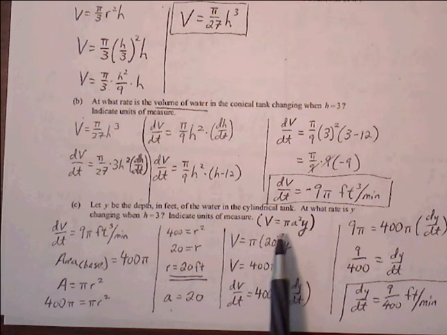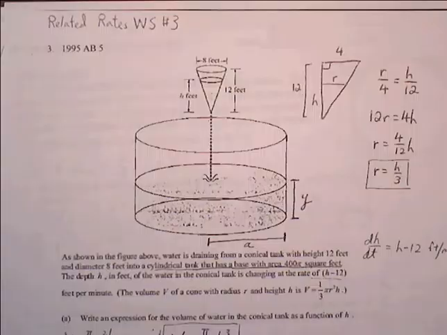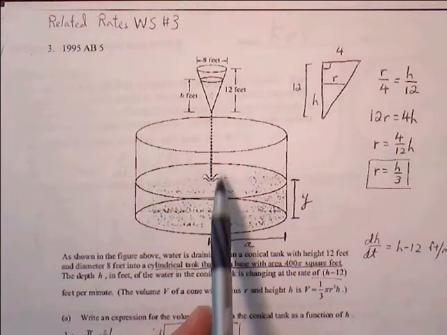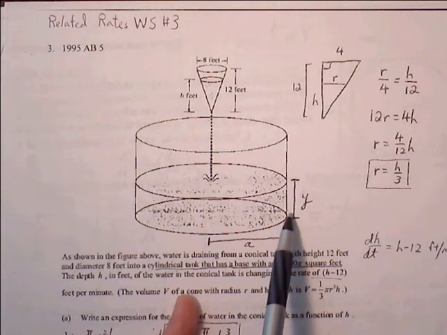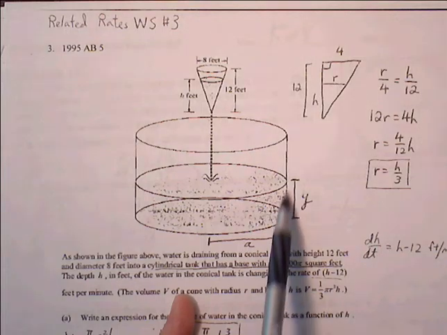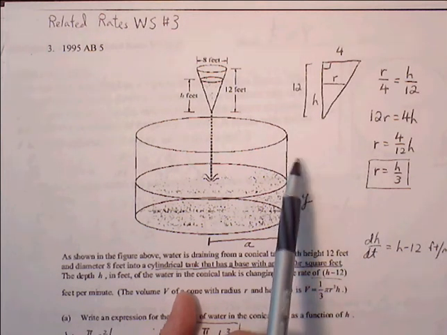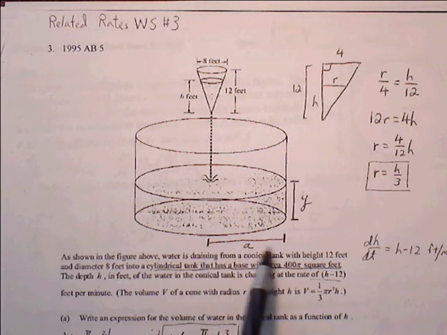Okay. So now something that we know is that water is draining out of the cone into the cylindrical tank. So we expect the volume to be increasing over time, and we also expect the water level to be rising. So we know y is going to be increasing. But what about the radius, the a value of the cylinder?